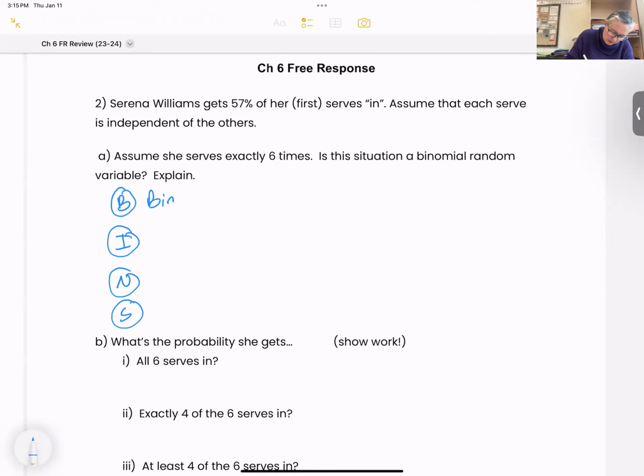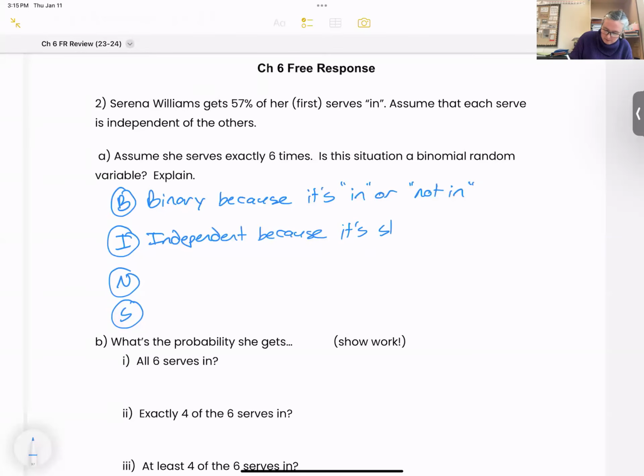So it is binary because it's in or out. Or I'm just going to say not in. So success or fail. She gets it in or doesn't. Independent, because it's stated up above.